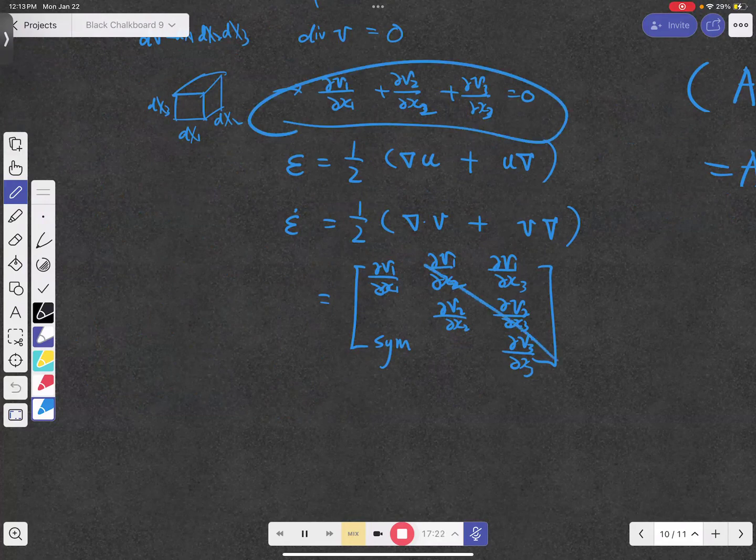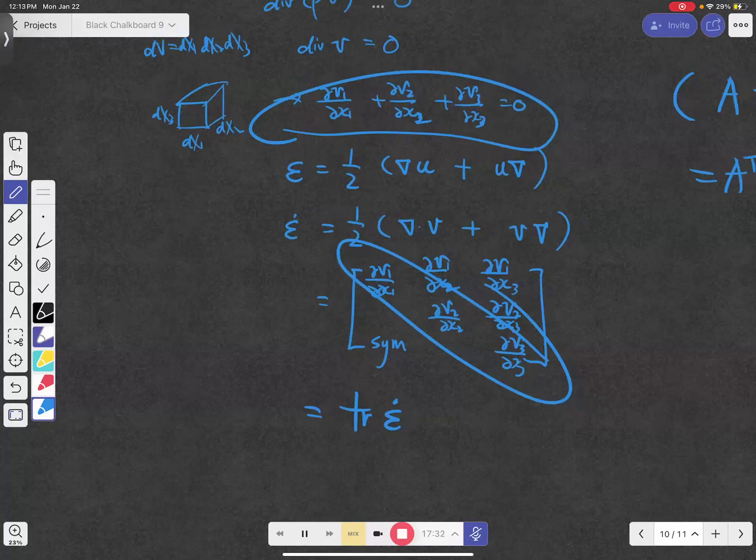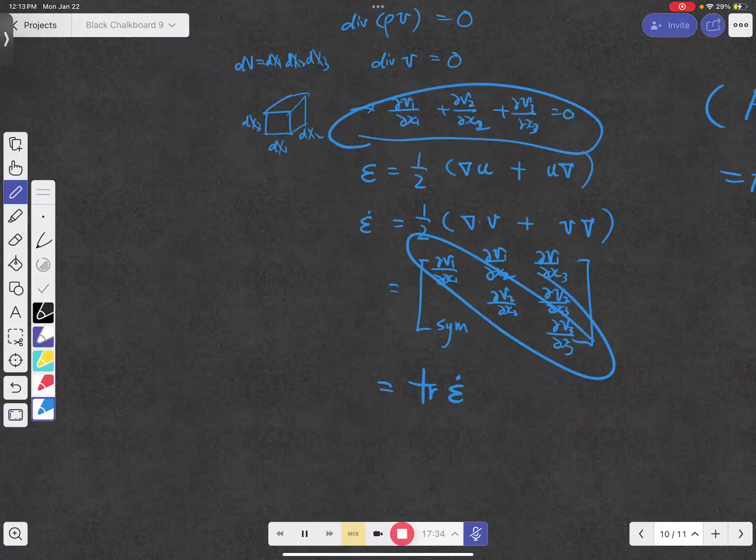Yes, exactly. The trace just adds the diagonal terms together. Okay, so far so good. So for solid mechanics, the balance of mass for an incompressible material simply implies that the trace of epsilon dot is equal to 0 for an incompressible material.